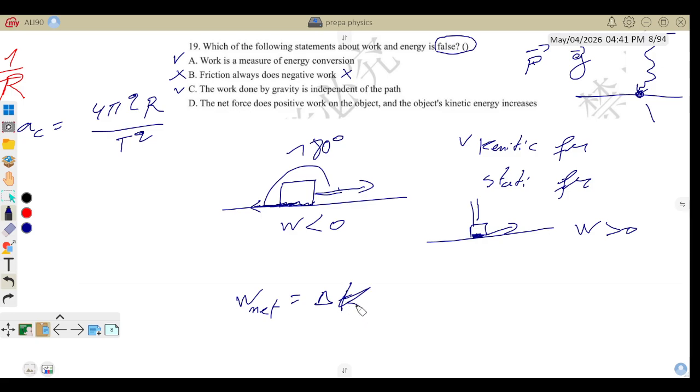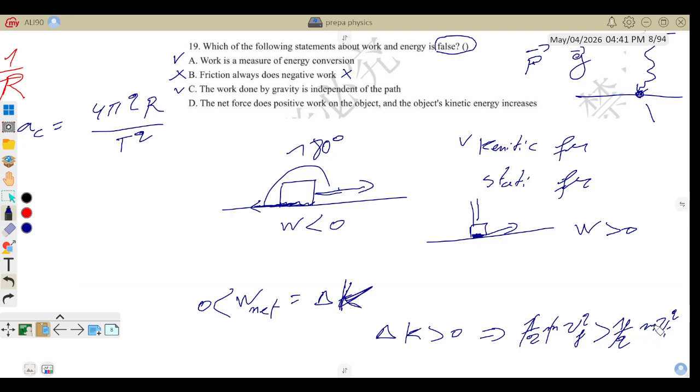So if the net work is positive, that means delta K is positive, which means 1/2 m v final squared would be greater than 1/2 m v initial squared. That makes the final velocity greater than the initial velocity. So the kinetic energy would be increasing if the net work is positive.